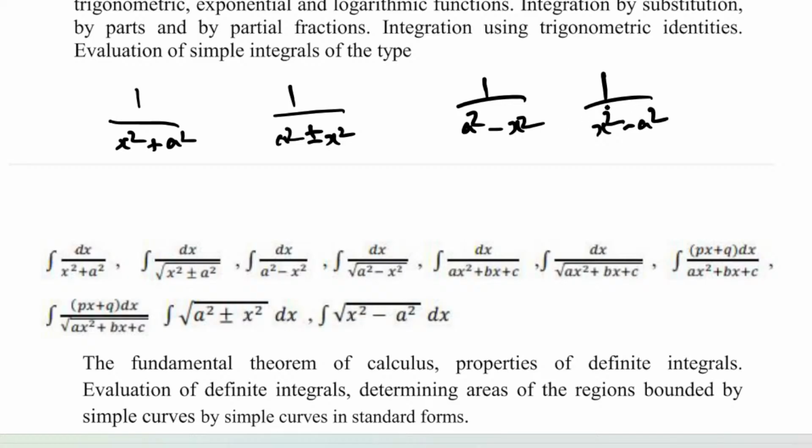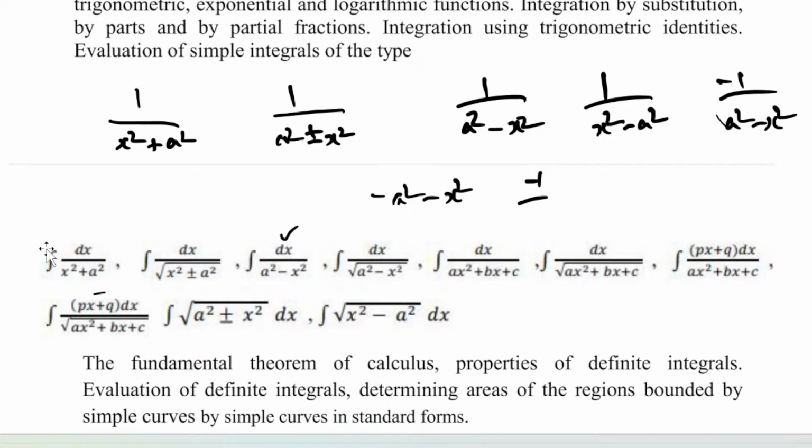If it is 1 by x square minus a square, you can still write it as minus 1 by a square minus x square. That's why he has not given x square minus a square. This will solve that as well as the other one. And minus a square minus x square, you will write as minus 1 by a square plus x square. So all combinations of plus or minus a square and x square are sorted here. Agreed?